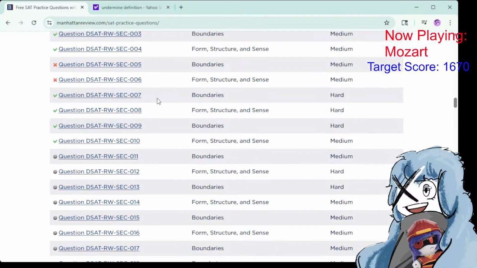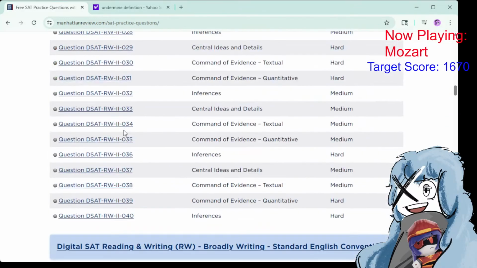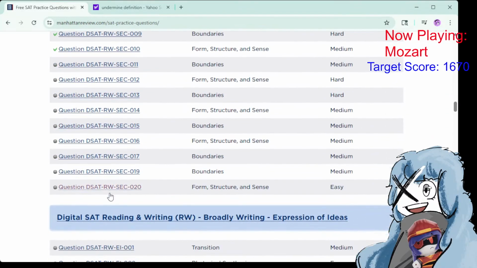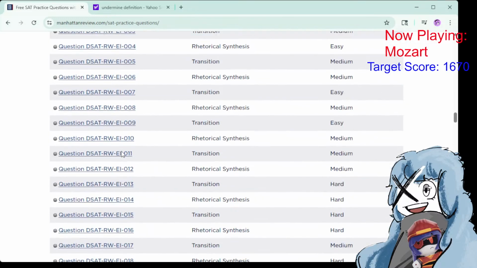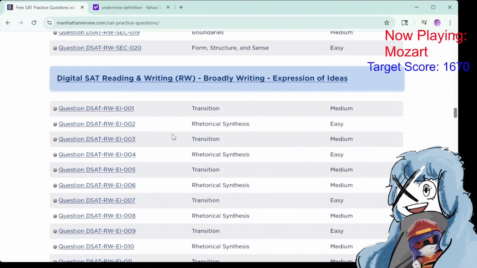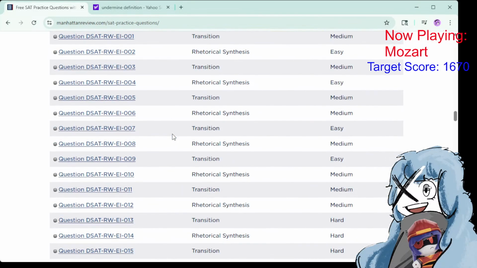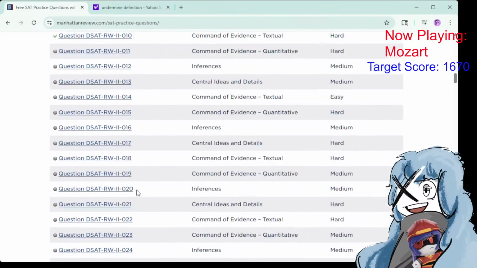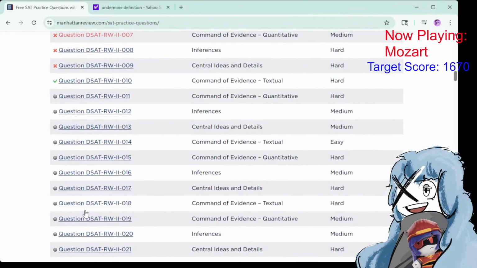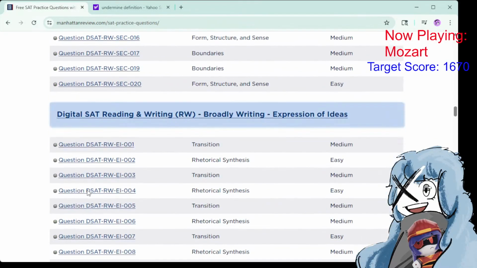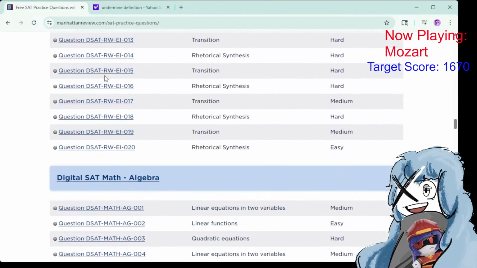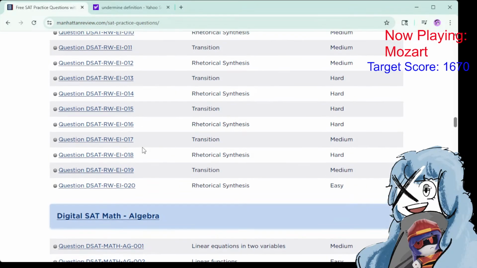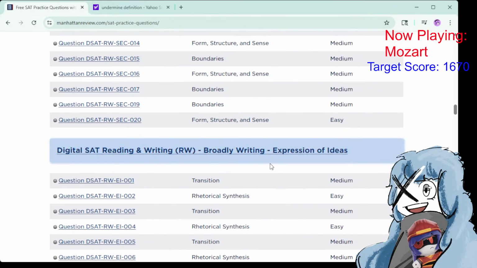So I'll probably do these ones for tomorrow, and 20 of these, another 20 of these. So total, I'm gonna do 50 tomorrow. I already did 50 right now. I'll bet this one sucked ass. So I just did 10 of these ones. I'm gonna take a break before I come back to this. Yeah.